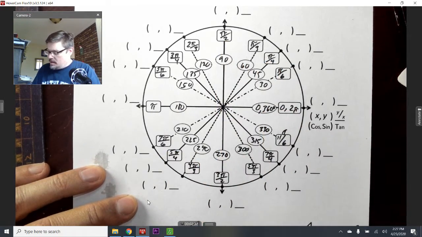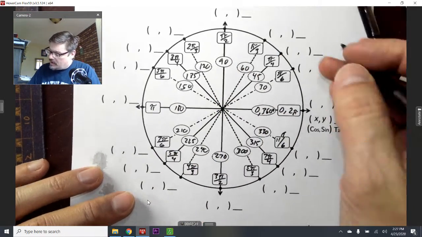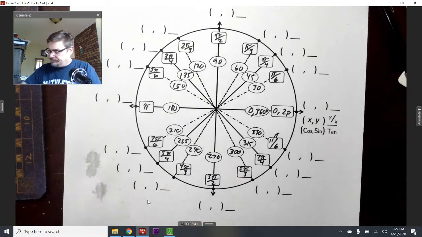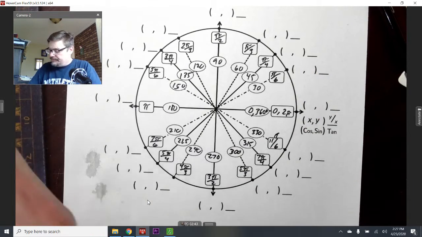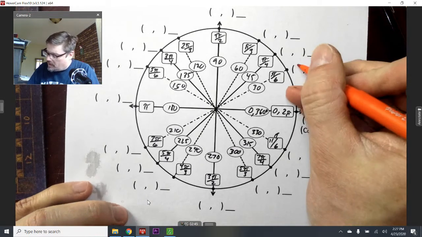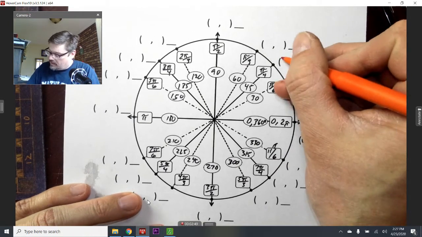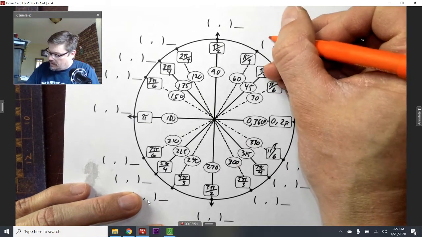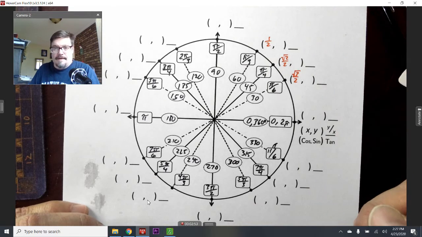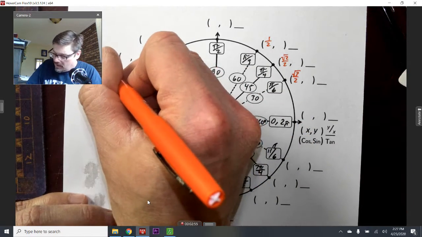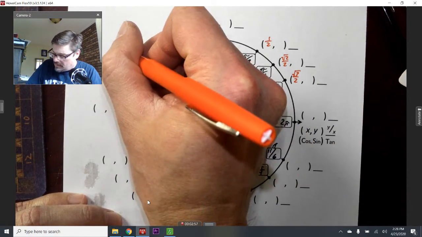Okay? Alright, and now I remember that cosine, let's do this in a different color here. I know that cosine starts at radical 3 over 2, and then I go radical 2 over 2, and then 1 over 2. I do the same thing over here, but over here it is negative.